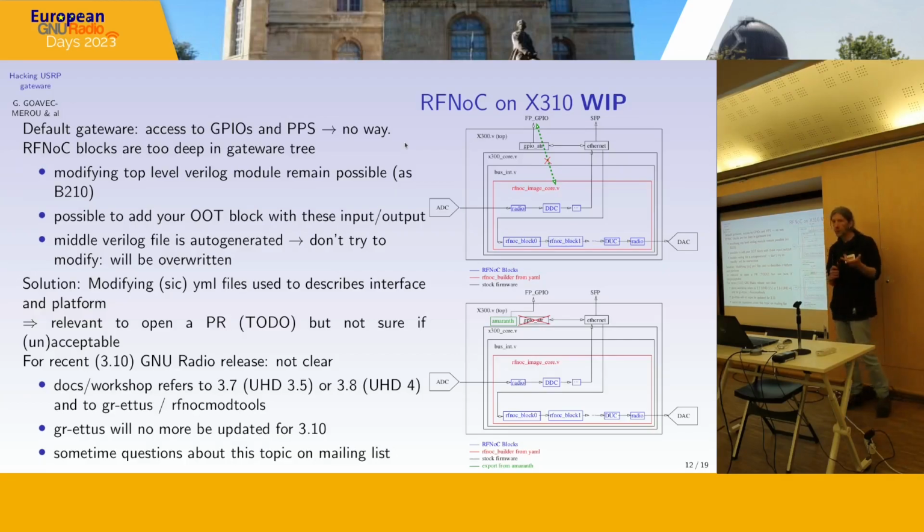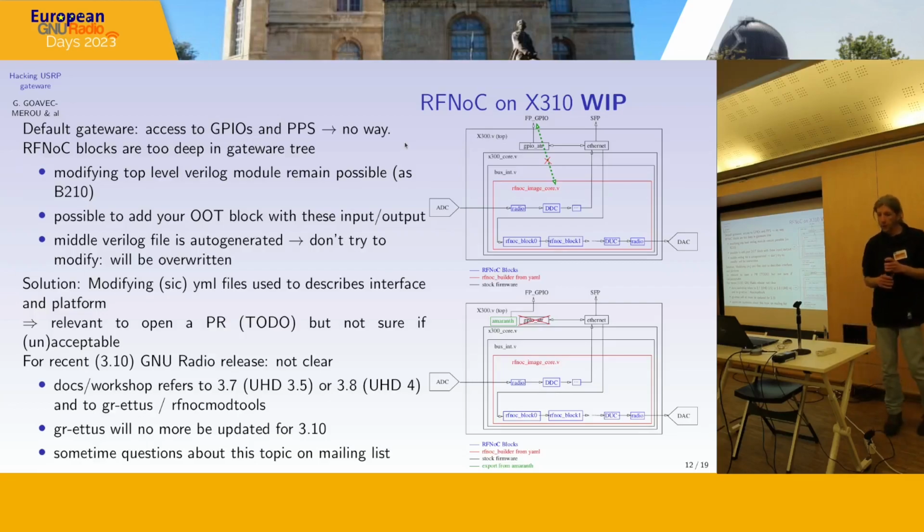RFNoC mod tool is similar to the GR mod tools, but dedicated to produce base Verilog, libraries for UHD, and libraries and everything for GNU Radio. I tried to update this to be compatible with 3.10, but I stopped when I discovered Ettus is definitively no more compatible, will be no more updated. The master branch is just empty with a message.